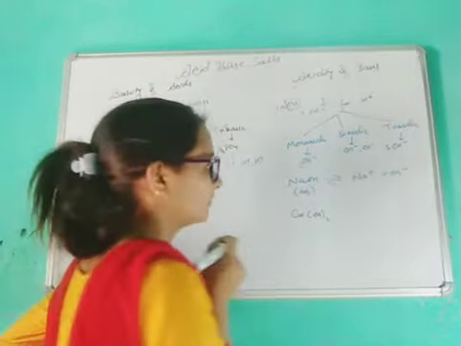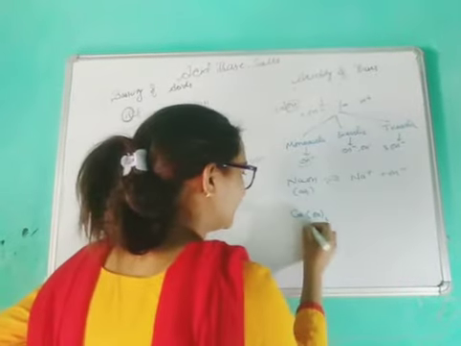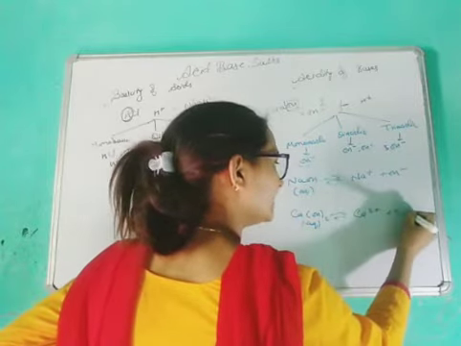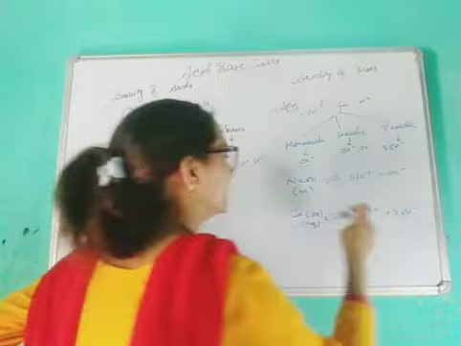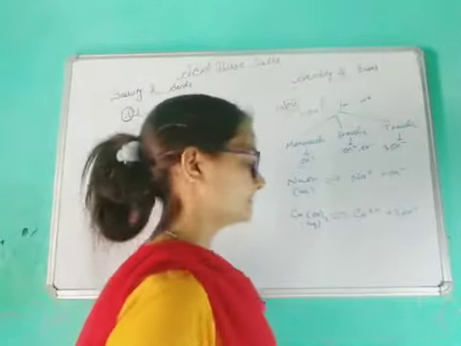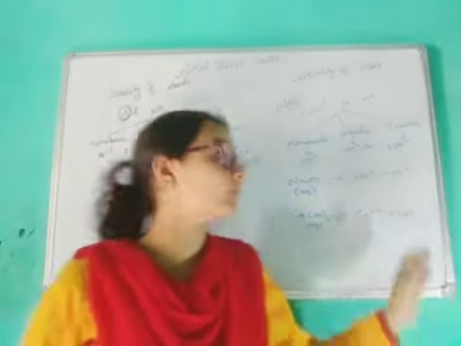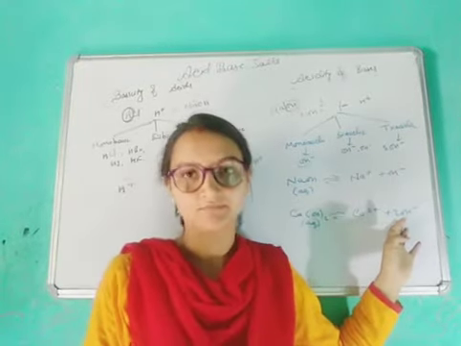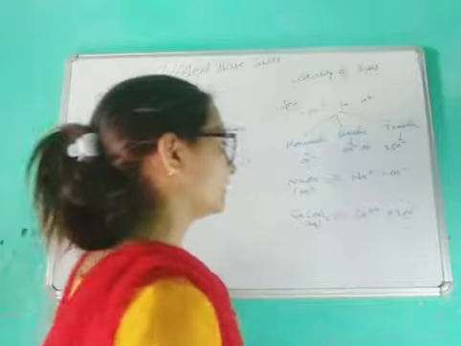There are 2 hydroxyl ions. So when you make the aqueous solution, it will give you Ca2 positive and 2 OH negative ions. Simple. Now it can combine with any acid or water to combine with hydrogen.